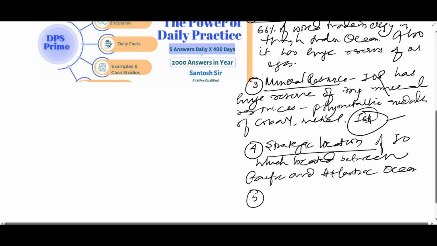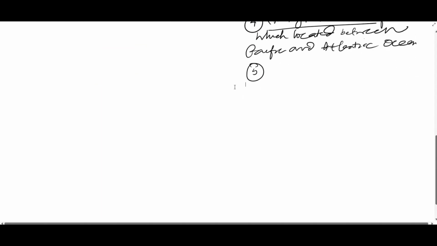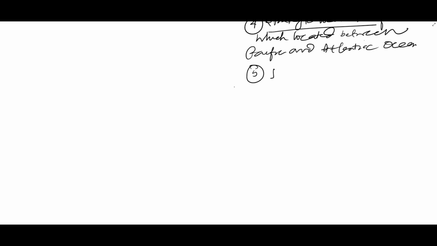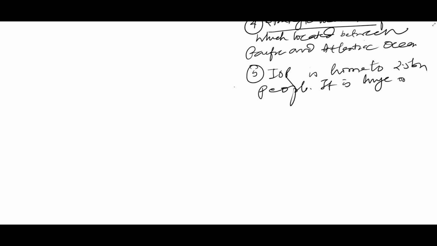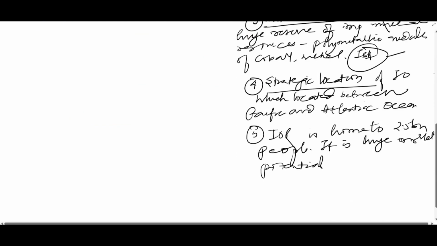Fifth point what you can write is that the Indian Ocean region is home to 2.5 billion people. So it is a huge market potential. So this is also very important.